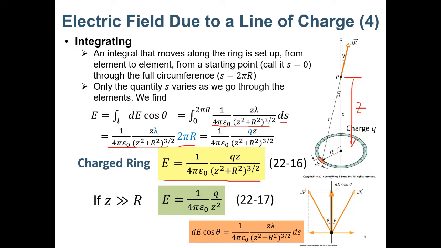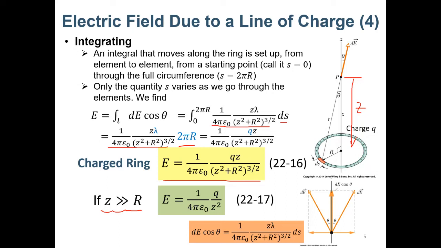So now if we imagine Z is much larger than R, just imagine you calculate a point very far away from this ring, which means Z is much larger than the radius of it.